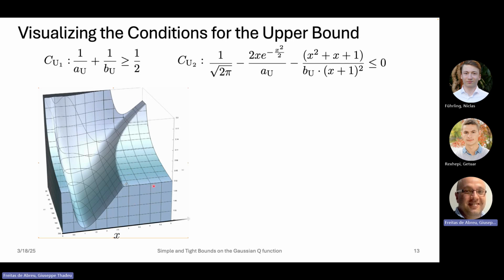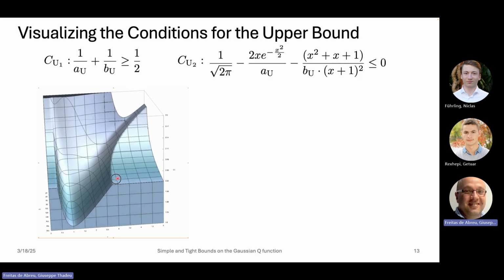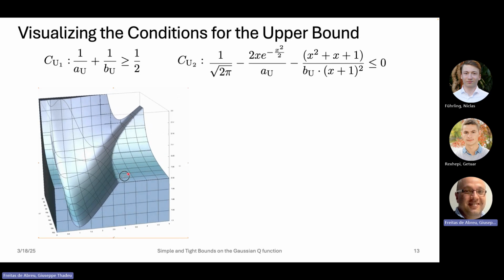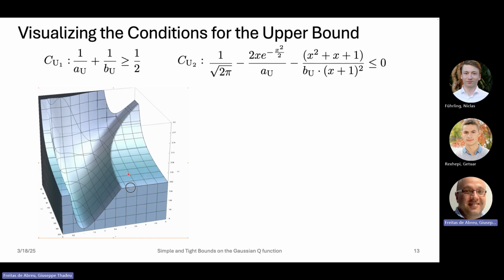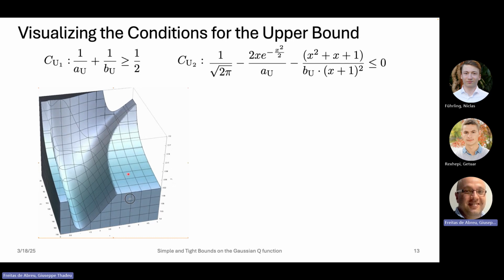So we can take a look at this solid. So if this here is the direction of the variable x, this here is the direction of the parameter AU, and this here is the direction of the parameter BU, then we can move a little bit the feasibility region so that you have an idea of how it looks like.